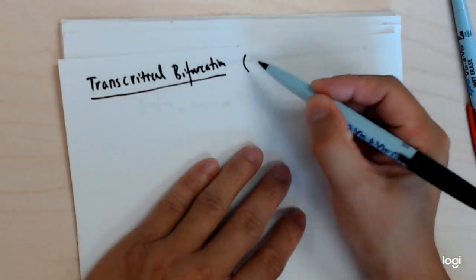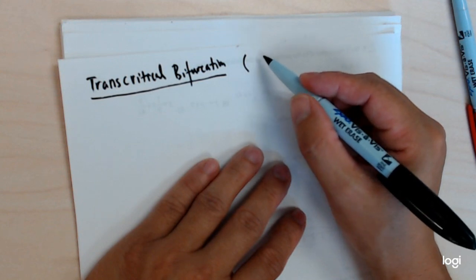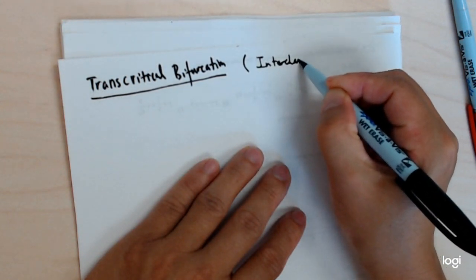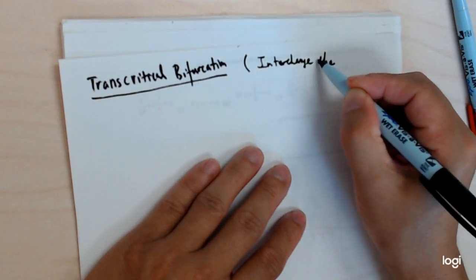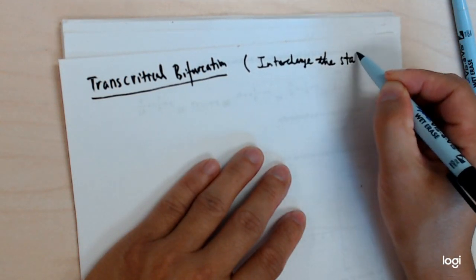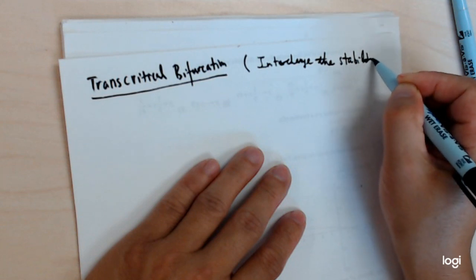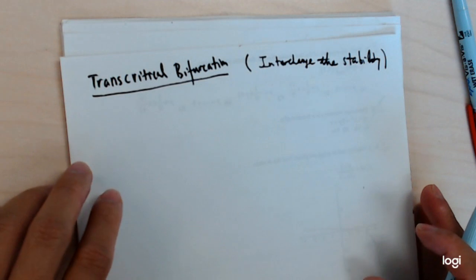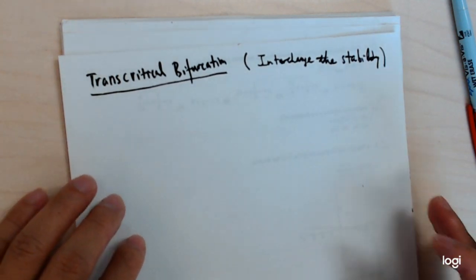However, they may exchange stability. When that happens, we call this a transcritical bifurcation.